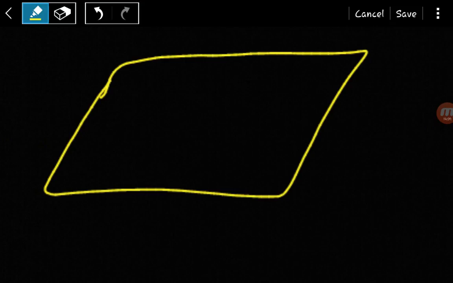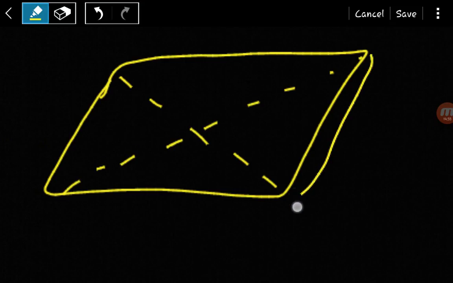The answer is 4. Now, how many diagonals would this have? The answer is 2. So you have one diagonal here and another diagonal here. It wouldn't work between points like these two because they can't be right next to each other.